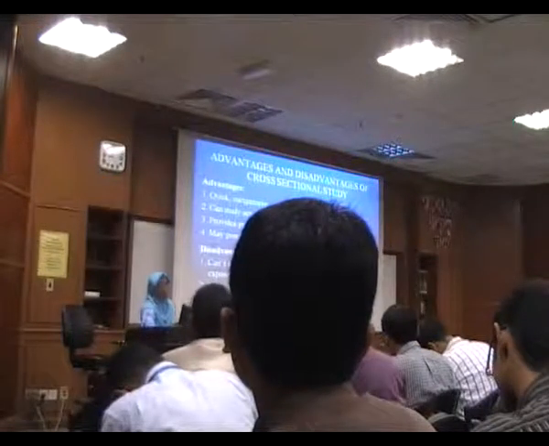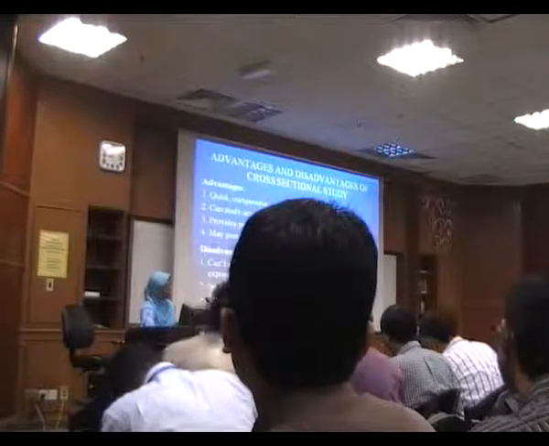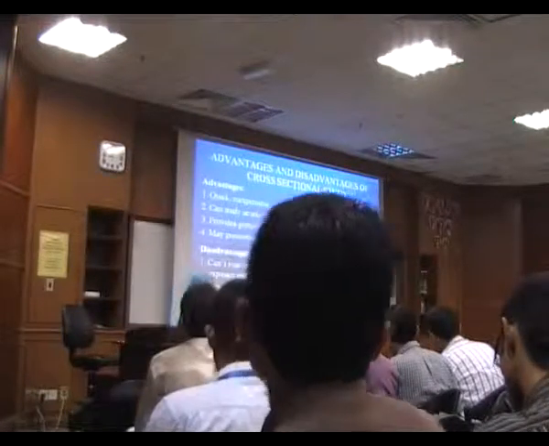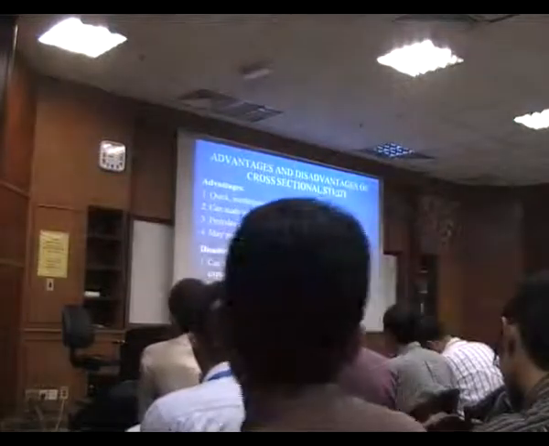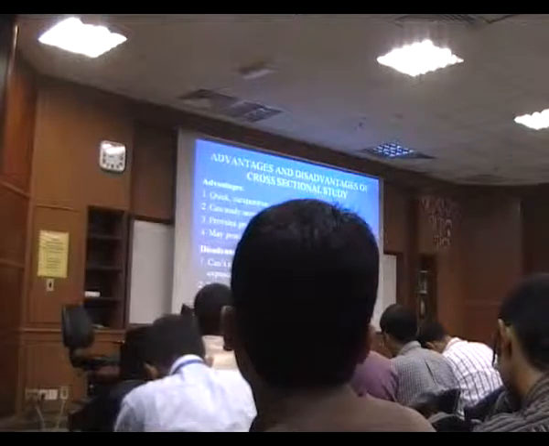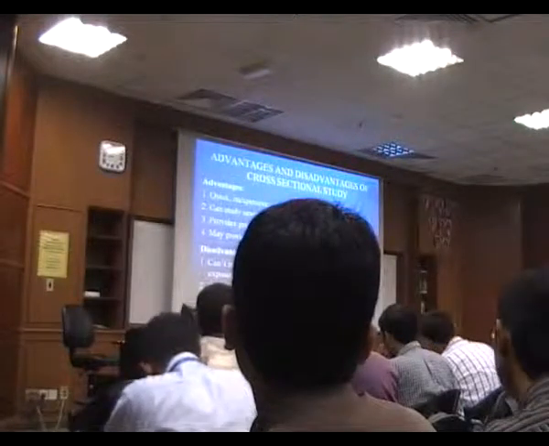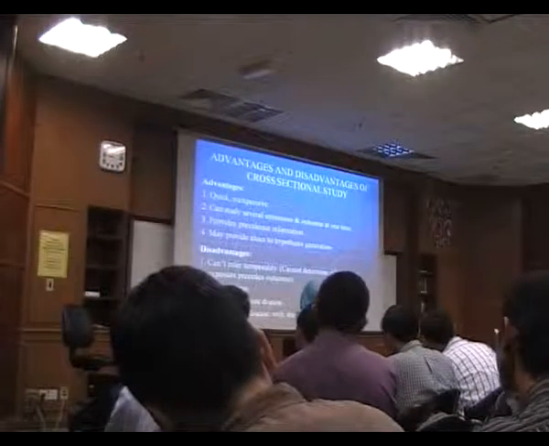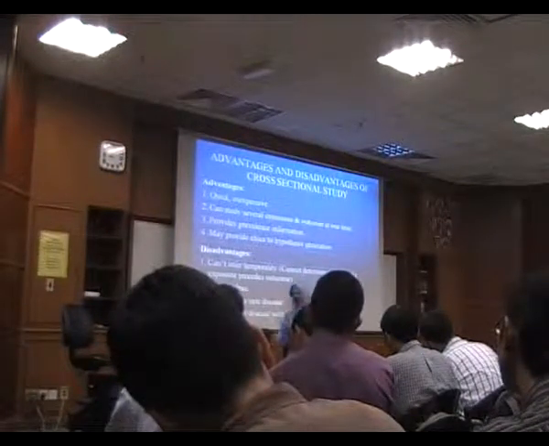It is not good for studying rare diseases. Not good for disease with short duration and high fatality. You have to remember, it is not a question of understanding, but the basic thing you understand for cross-sectional study design. Okay, clear?